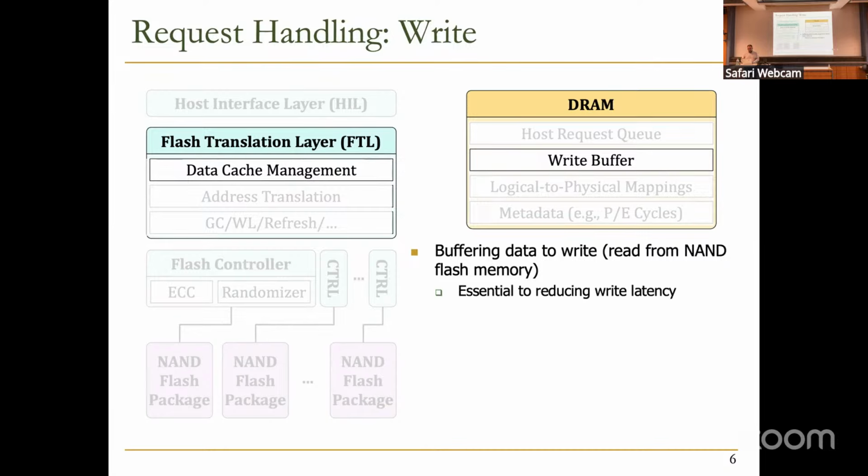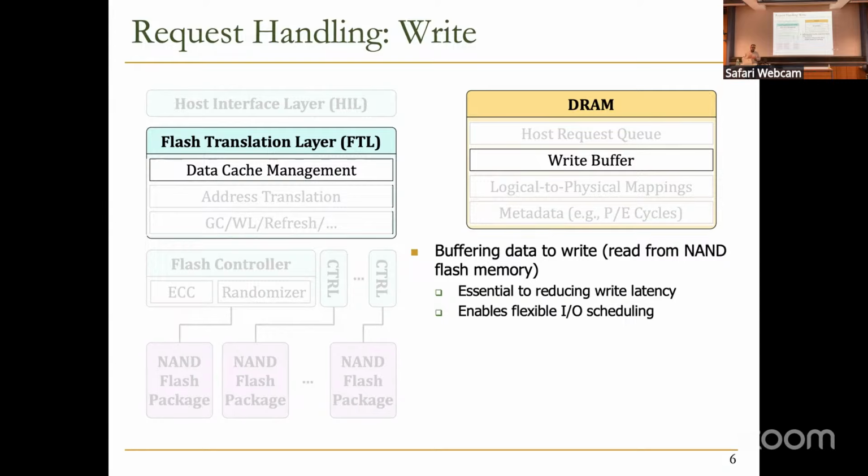So we usually buffer our writes in that write buffer. And this is very important to reduce write latency. Remember from PCM also, write latency in flash memory is also quite long. So we write to the write buffer so that we reduce the latency. And by writing to that buffer, you are potentially enabling more flexible I/O scheduling, because in general, we have asymmetric latencies in terms of read and write in flash chips.